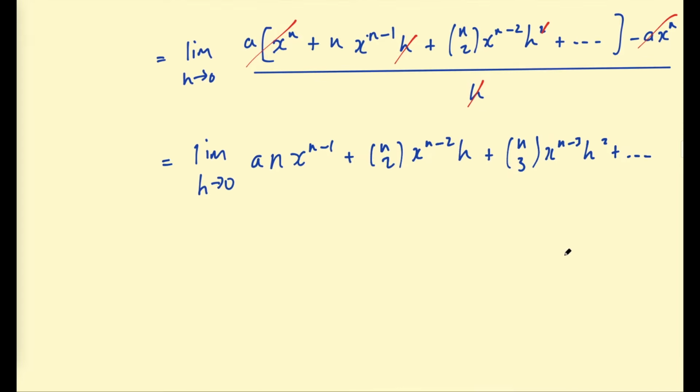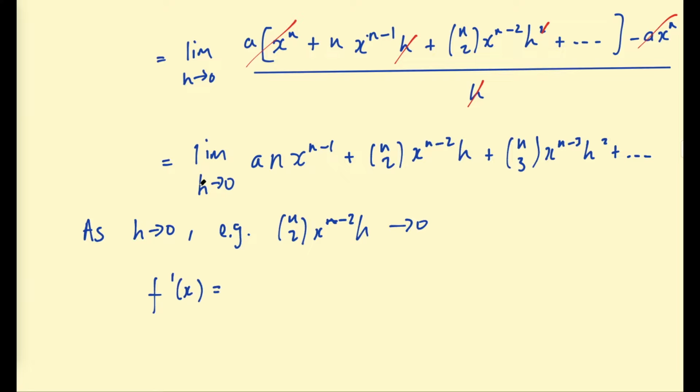So as h approaches 0, these terms will also approach 0. So e.g. n choose 2, x to the n take 2, h approaches 0. So we get for the limit, or the derivative, a n x to the n take 1.